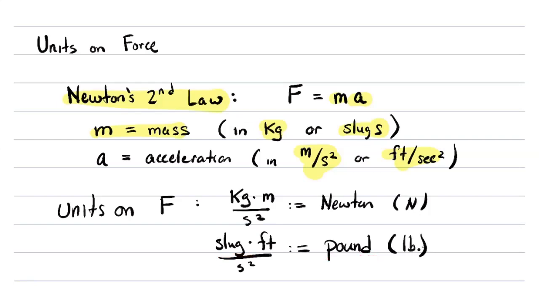Maybe it's worth taking a real quick second here to say that in colloquial English, pounds and kilograms get treated like they measure the same thing, right? Maybe you have a bathroom scale and you can set it to give your weight in pounds or your weight in kilograms. But more precisely, in scientific calculations, and in particular in this course and in this section, kilogram and pound are not the same kind of quantity.